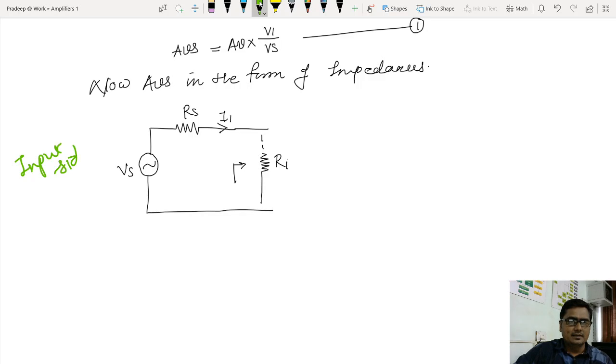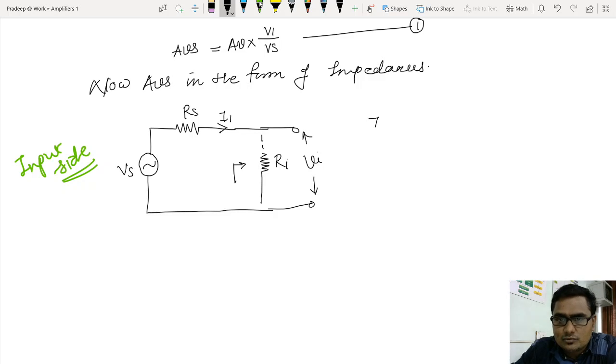Now if this is the input side, then apply the voltage division rule to find the input voltage. Input voltage means this voltage I am talking about. This is the input voltage, is it not? Now I am interested in the input voltage.